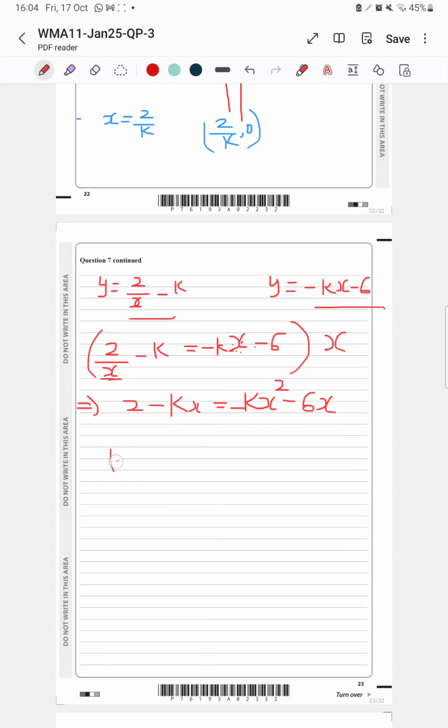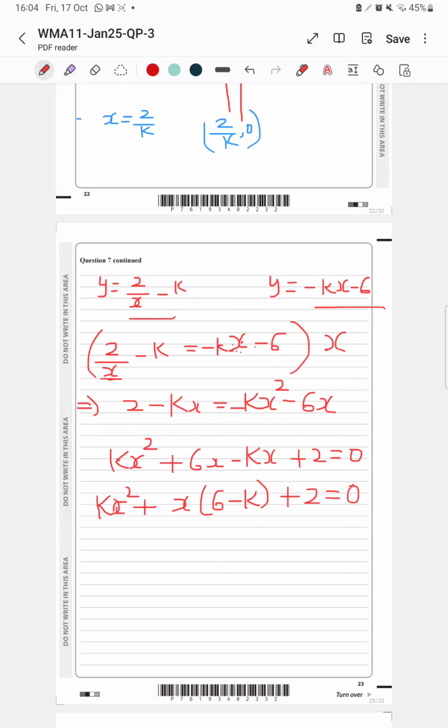So from here I got kx squared plus 6x minus kx plus 2 is equal to 0. If I collect the coefficient of x altogether, it will be kx squared plus (6 minus k)x plus 2 is equal to 0. From here, this is a quadratic equation.